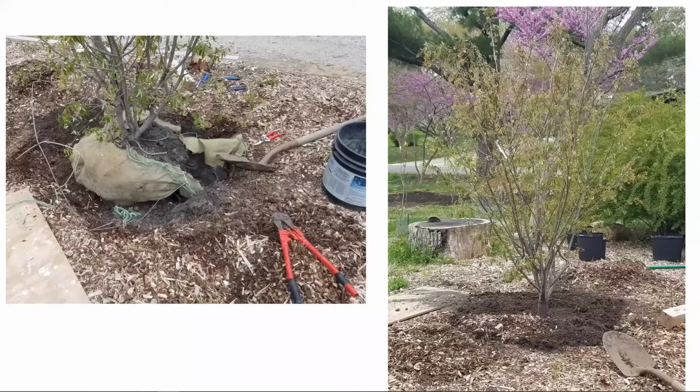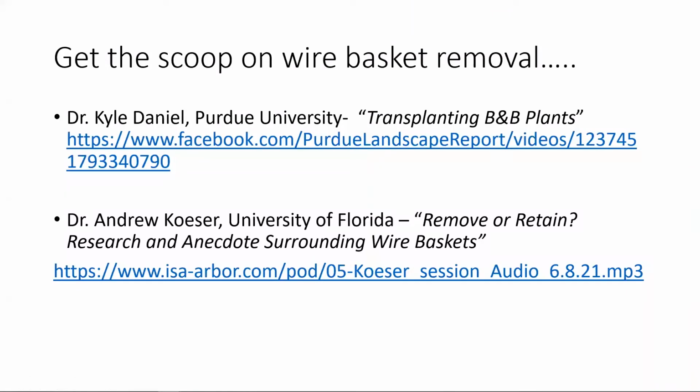Should you remove stuff? Should you leave it? I would refer you guys to a couple resources here on this next slide, where Dr. Daniel from Purdue University has a great discussion on a Facebook live video he broadcast that talks about this transplanting. And then Dr. Andrew Koeser, this is a nice podcast he recorded that discusses it all.